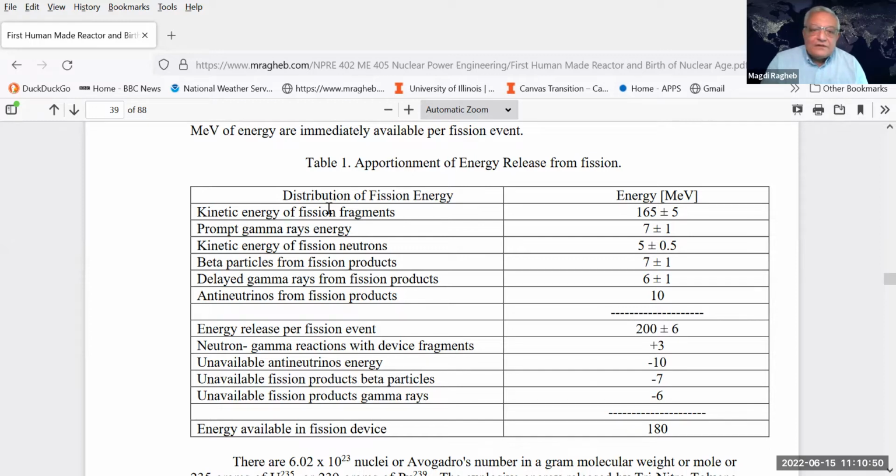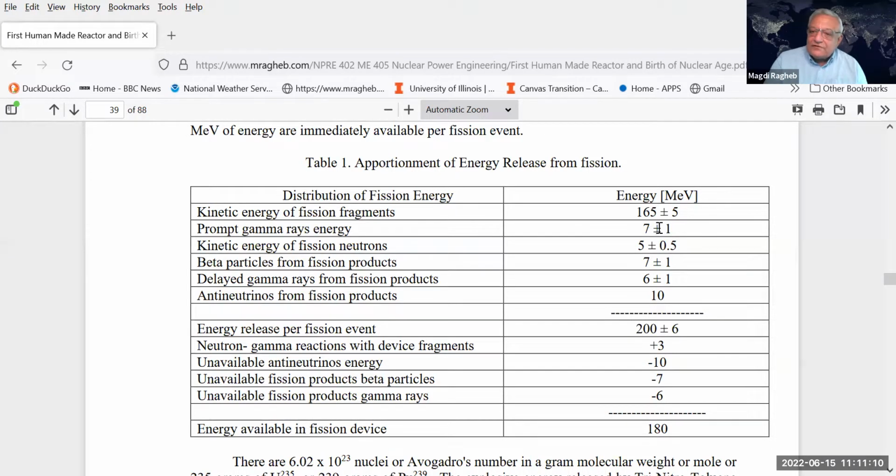You'll find that the fission fragments of the fissioning of a single atom of uranium-235 or plutonium-239 produce 165 million electron volts of energy. We get gamma rays, electromagnetic radiation, also emitted in the process that gives us 7 million electron volts.